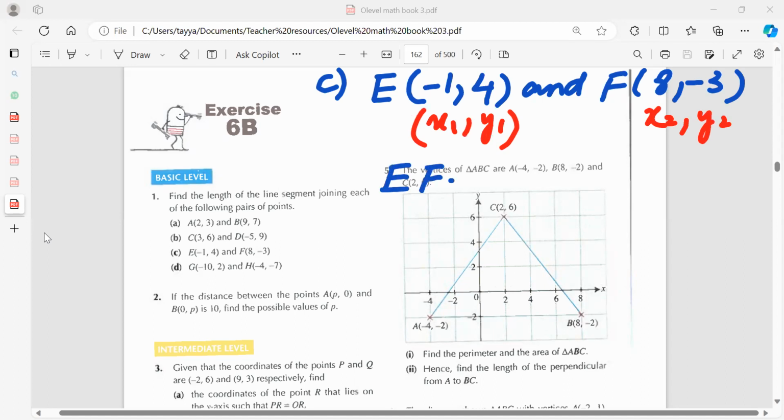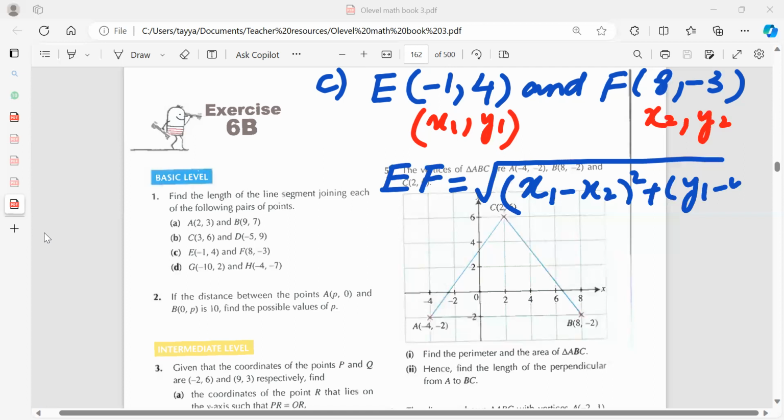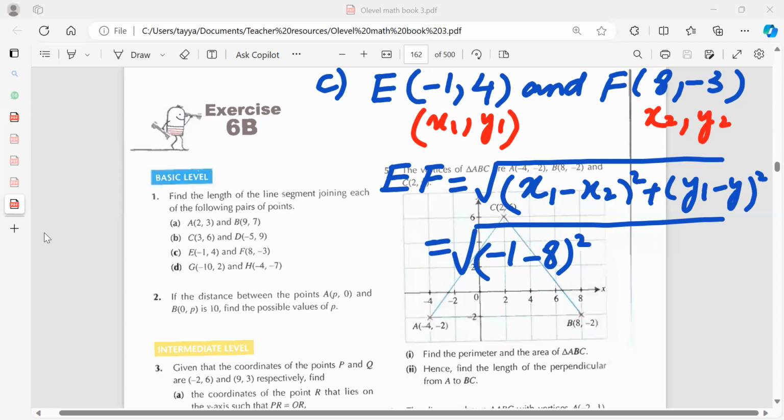We have to find the length of EF. We can apply any of them. So x1 is minus 1, x2 is 8, and y1 is 4, and y2 is minus 3, minus minus will be plus.